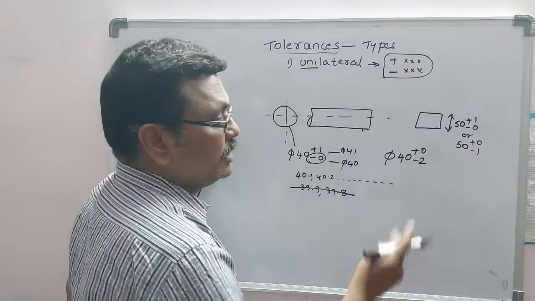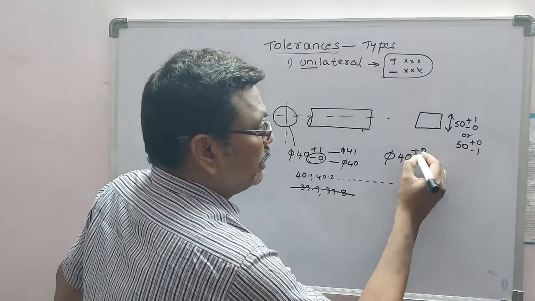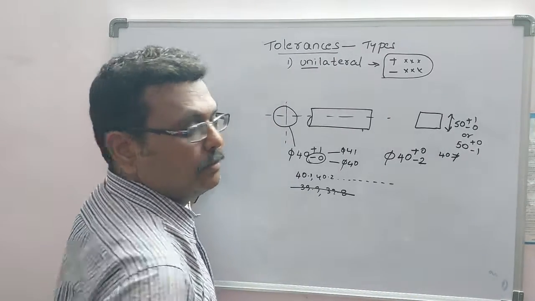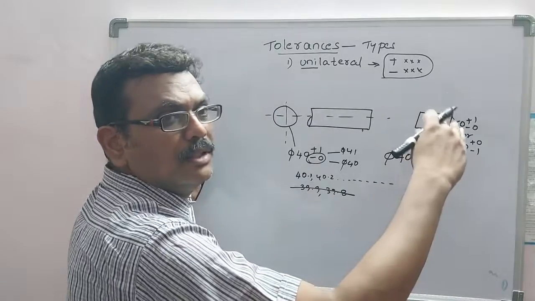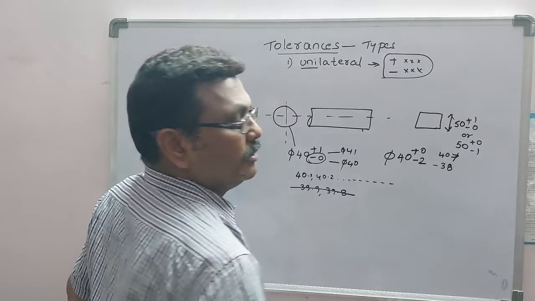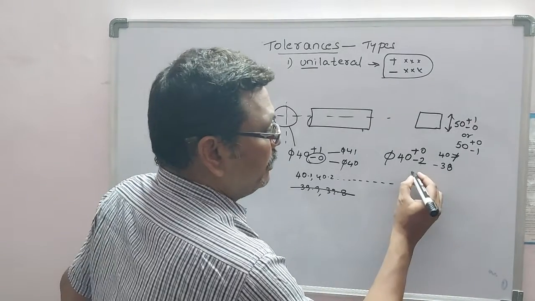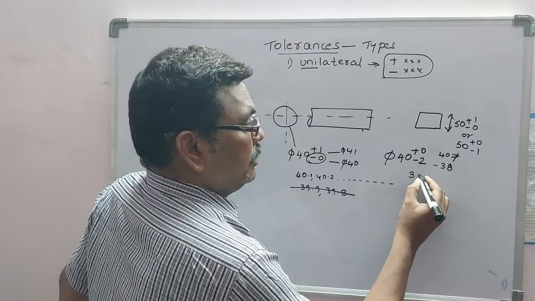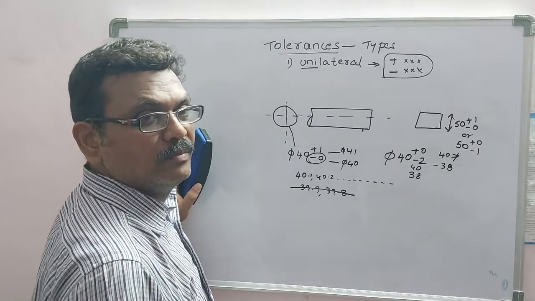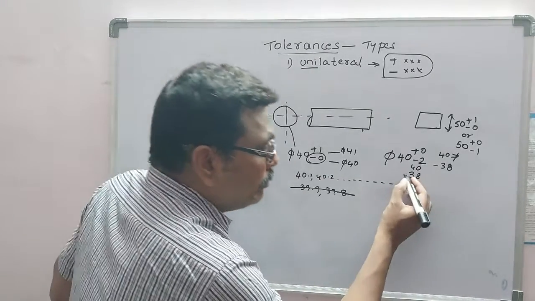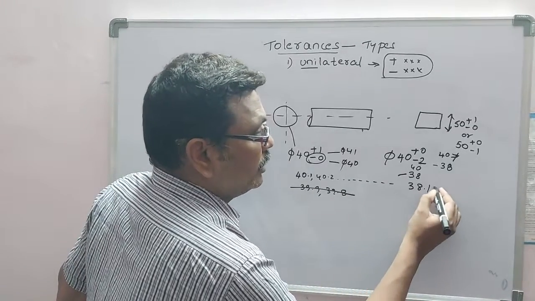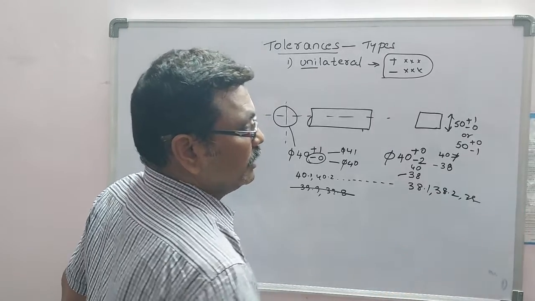Here, it should not go beyond 40, because the upper limit is 0, maximum is 40, and minimum is 38. Beyond this 38, it should not go. It can be 38.1, 38.2, 38.3, up to 40.